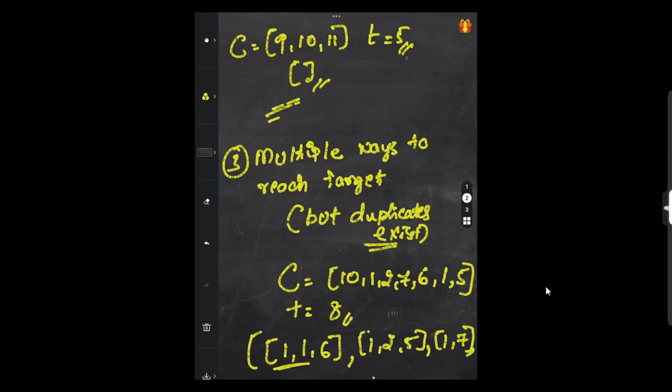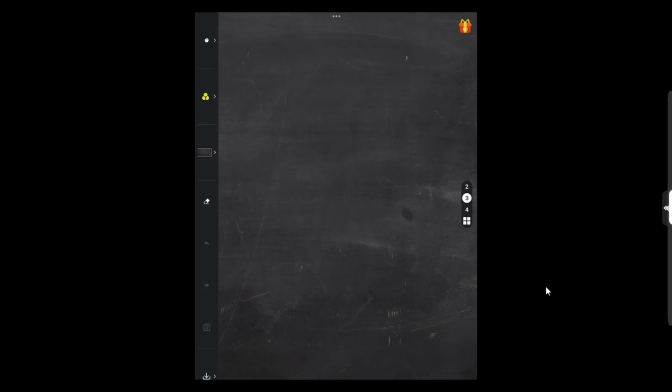And finally 2, 6, right? This is also one of the things. So we have to avoid the duplicate sets here. So this is fine. This is for the condition multiple ways to reach the target, but duplicates exist here. So this is for the third edge case.